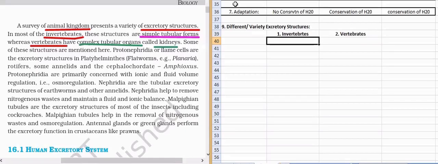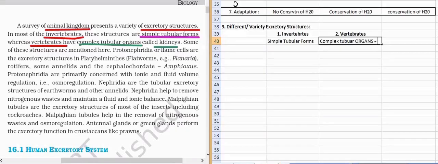Of course, in the animal kingdom we have these two major groups, and in invertebrates the structure is a simple tubular form. Remember, it's a simple tubular form. Second is complex. It's not a form, it's a complex tubular organ, the kidneys.